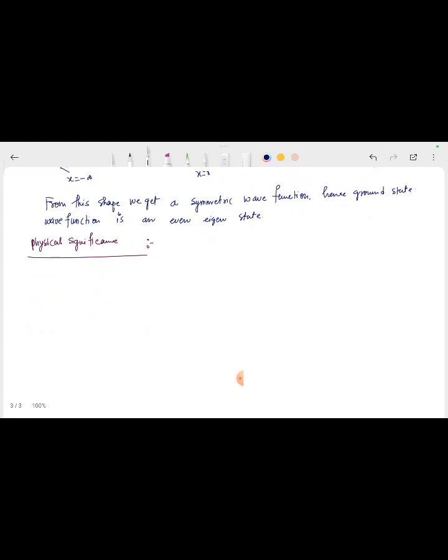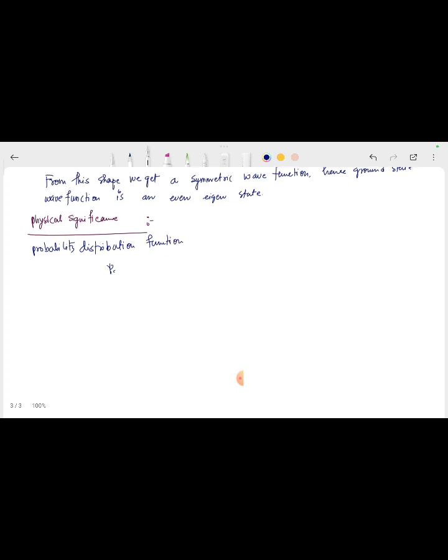From this probability distribution function you can easily get the physical significance. So, the probability distribution function.